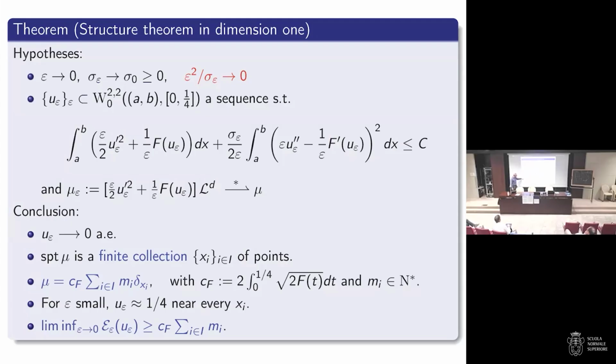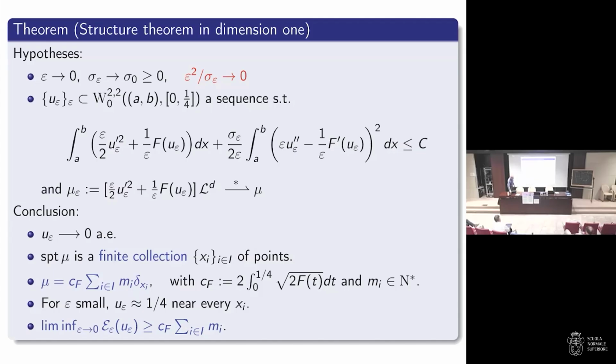This limit measure can be decomposed this way, so it's an illustration of that. For ε small, u_ε is very close to 1/4 near every one of these points, and we also have a lower limit for the energy.